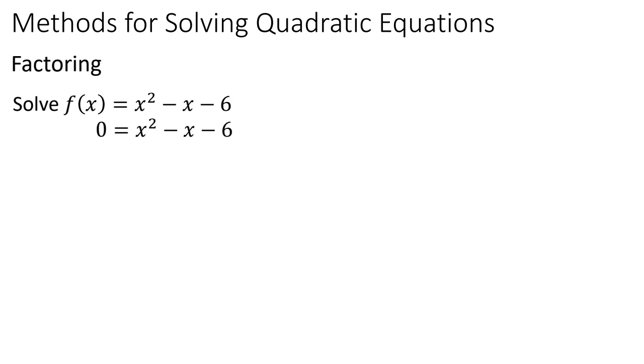Another way we can solve quadratic equations is factoring. Let's say I have the function x squared minus x minus 6. Again I'm going to set it equal to 0, but this time I'm going to factor. The way I like to factor is from the class where Mr. Isasi gave us a great presentation on how to factor these trinomials.